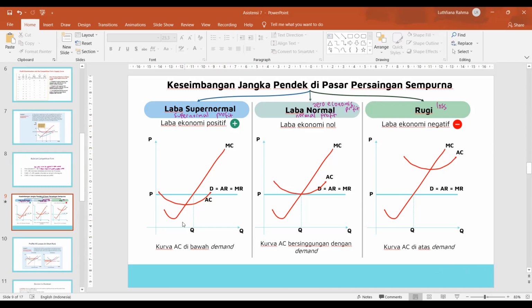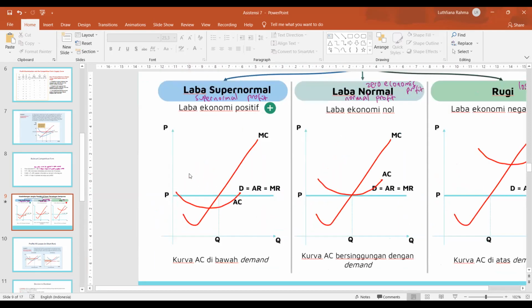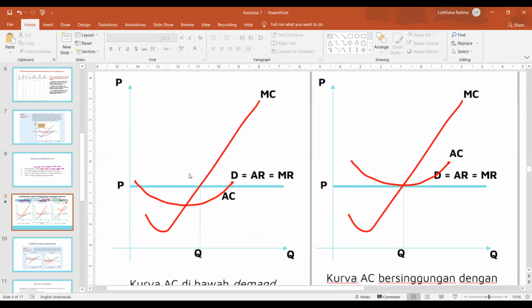It is because it has a low average cost. If you compare to the other two conditions, the difference is only the average cost. The average cost is increasing here, and it leads to loss.